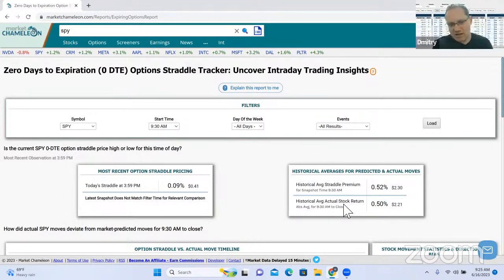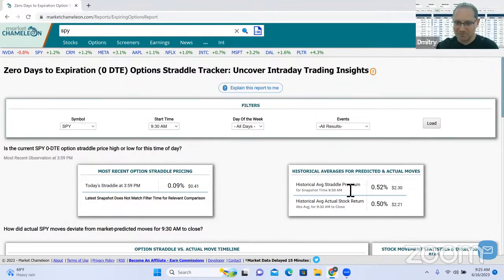If the straddle is implying a 1% move from basically 10 a.m. to the close, because that's what the straddle is, it's saying from now to the expiration, well, what did the stock actually move between 10 a.m. and 4 p.m.?